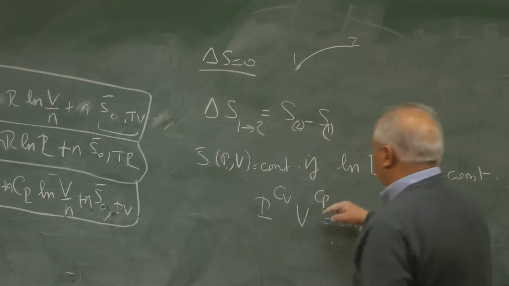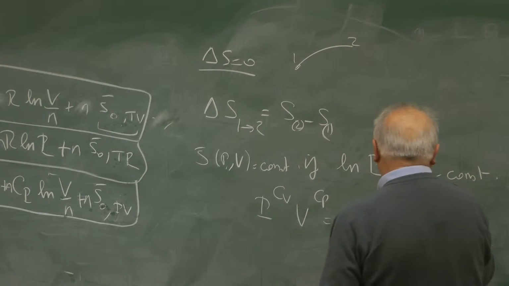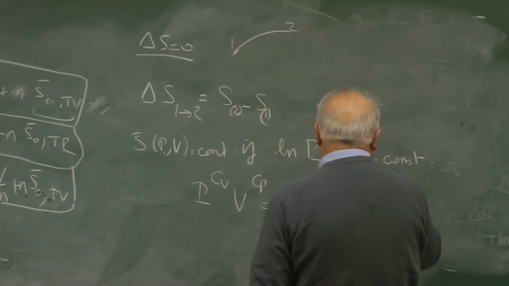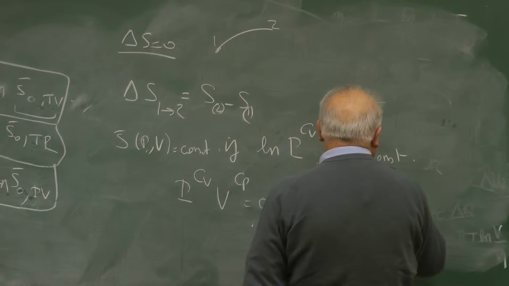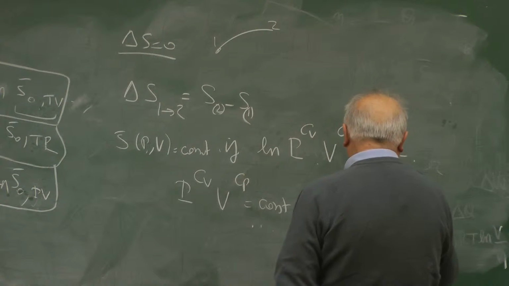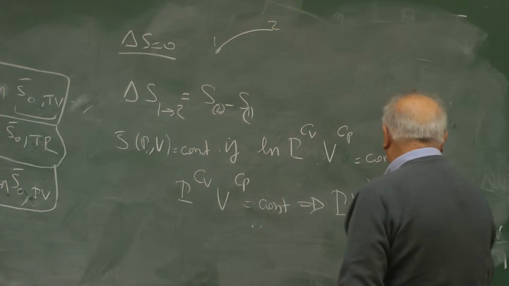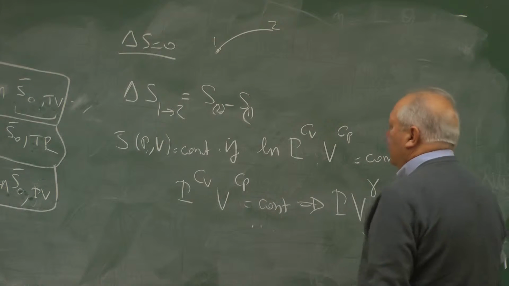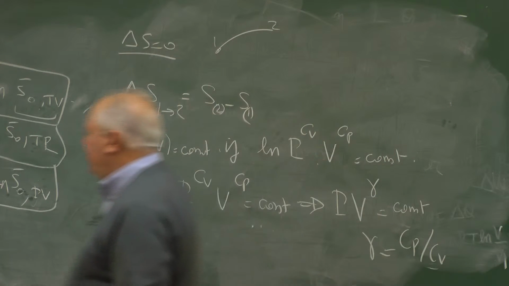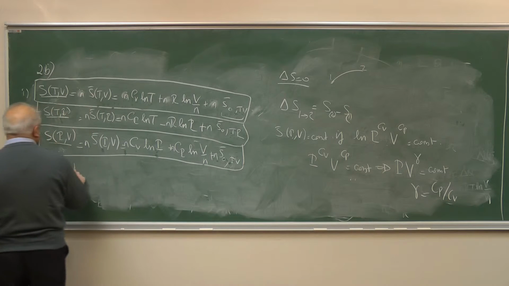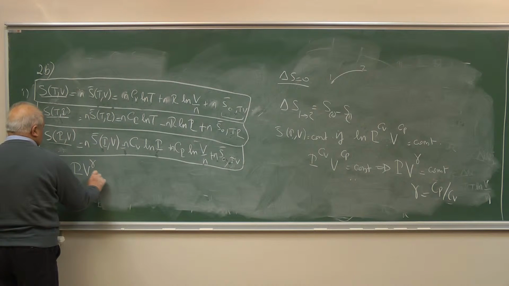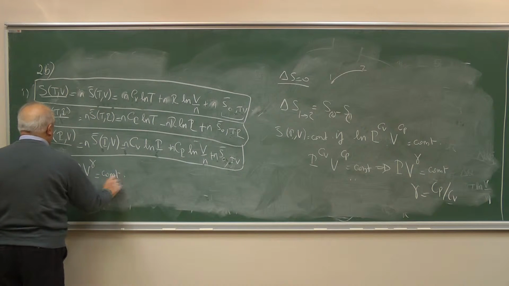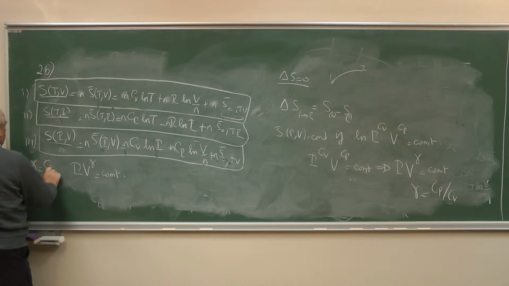Take the root, 1 over CV. So P times V to the gamma is equal to constant, with gamma equal to CP over CV. So PV gamma is equal to a constant, gamma is equal to CP over CV.